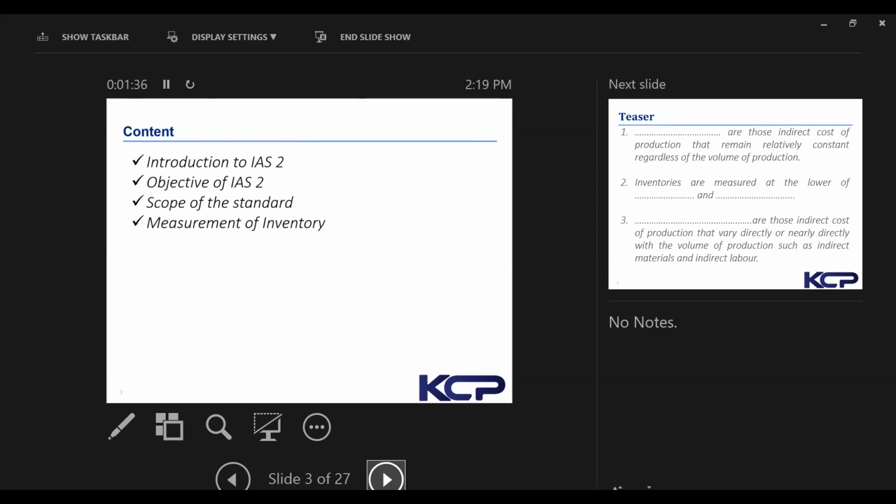Then at what point do you recognize inventory on the face of your account? How do you do the first time recognition? How do you do subsequent recognition? Then how do you present the inventories? And lastly, the disclosure requirements, right?